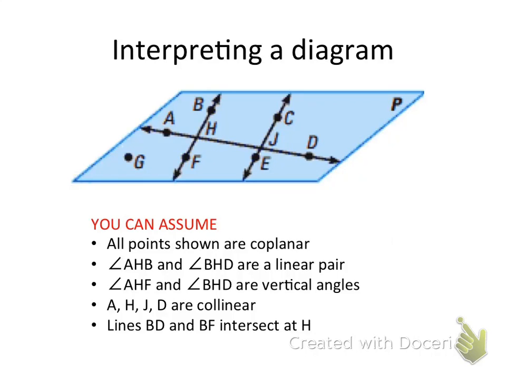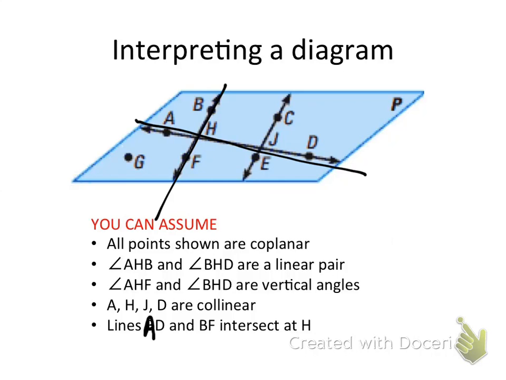Okay, that's lines AD, line right here, and BF. Those intersect, of course, at point H. So line AD and BF intersect. You don't have to be told that their intersection is at point H. There are things that you can interpret from the diagram.